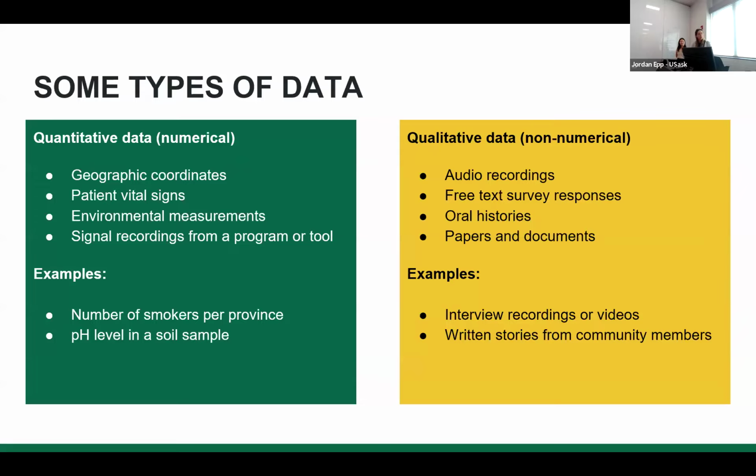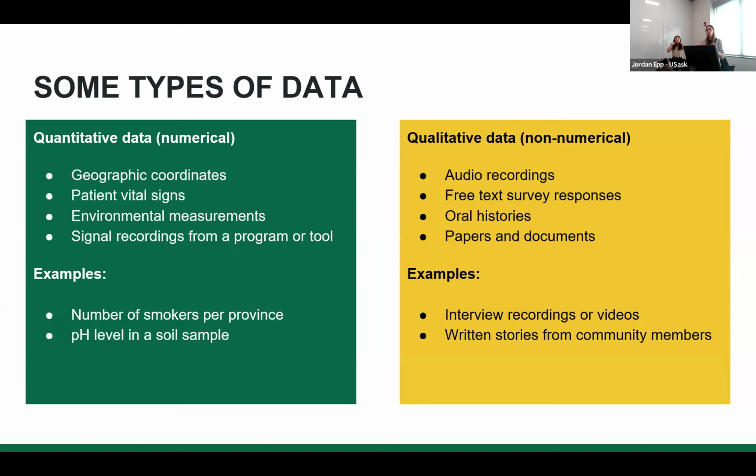Okay, there we go. So we can think about it in terms of quantitative versus qualitative data. Quantitative or numerical data could be things like geographic coordinates, patient vital signs, environmental measurements, signal recordings from a program or a tool. Specific examples could be the number of smokers per province or the pH level in a soil sample.